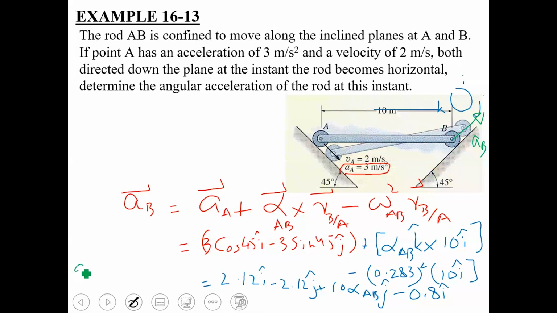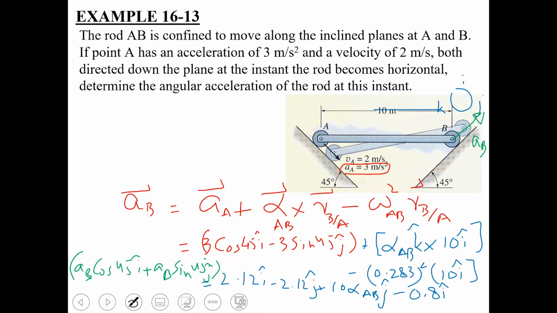So AB can be written as AB cos 45 i plus AB sin 45 j. और cos 45 या sin 45 0.707 होता है. So 0.707 AB i plus 0.707 AB j should be equal to 2.12i minus 2.12j plus 10 alpha AB j minus 0.8i.